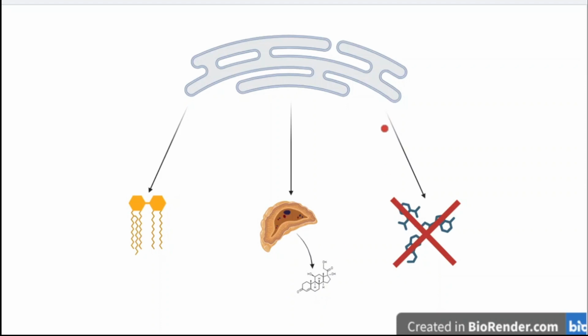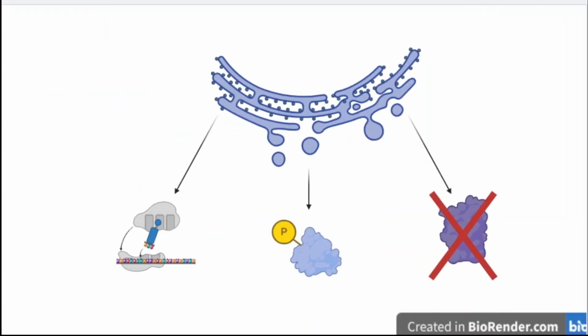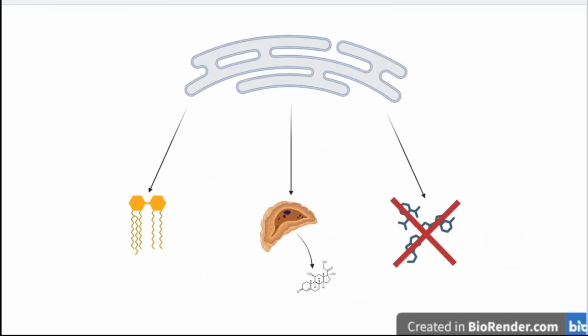Then lastly, if you have toxic drugs inside your body, the smooth endoplasmic reticulum is important for degrading those by, for example, making them more water soluble so they can be detoxified more easily. And same as the rough endoplasmic reticulum, the SER also stores calcium.